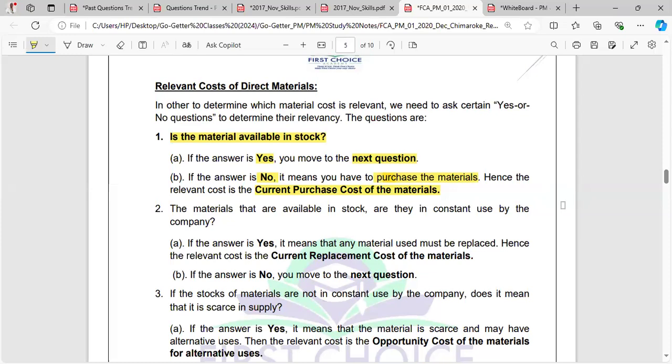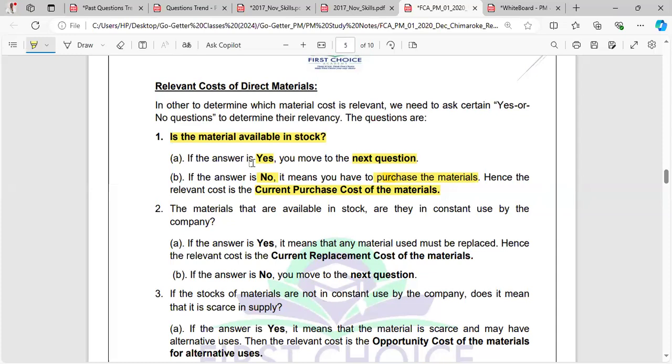The man will no longer sell for 3,000 naira, even though he bought it then at 2,000. He will be looking at how he can buy it again in the market. The current market price will influence how much it's going to sell. So it means that if you don't have the materials in your store and you want to go and purchase, the current market price is relevant. So that is for the no answer.